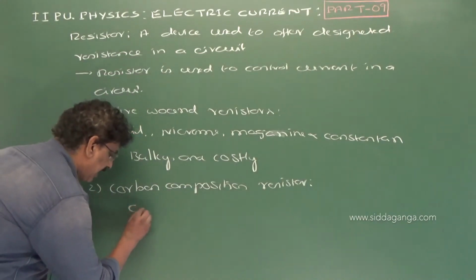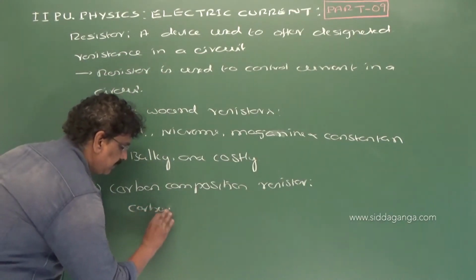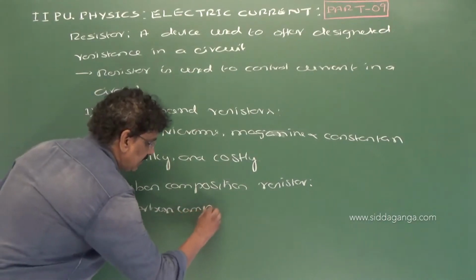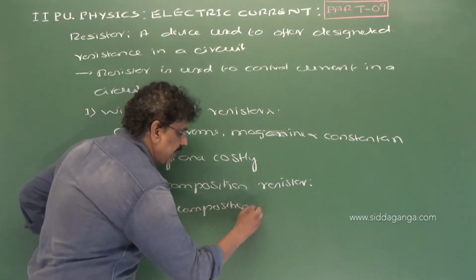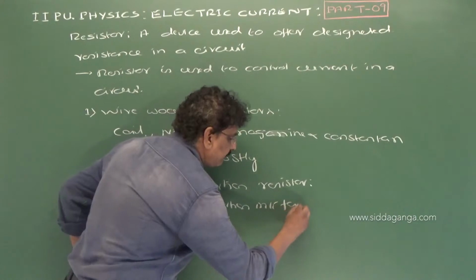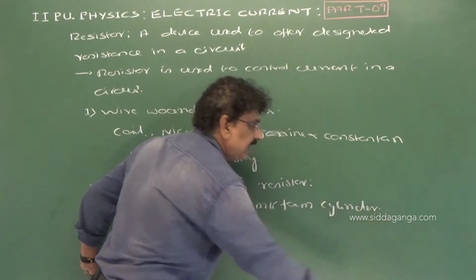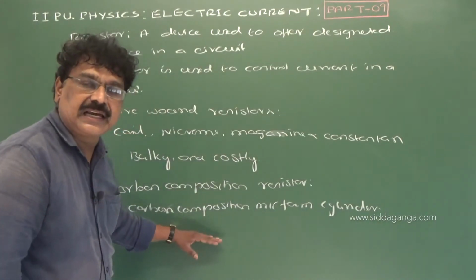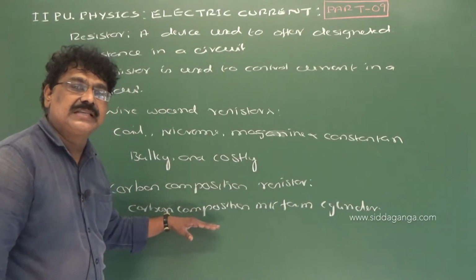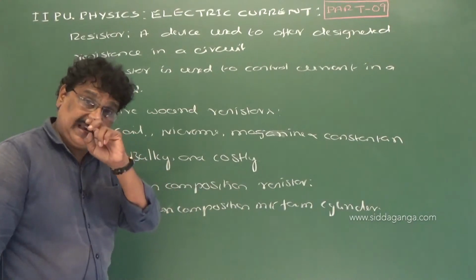It consists of carbon composition in the form of a cylinder with two leads for electrical connections, enclosed inside a plastic or ceramic case.